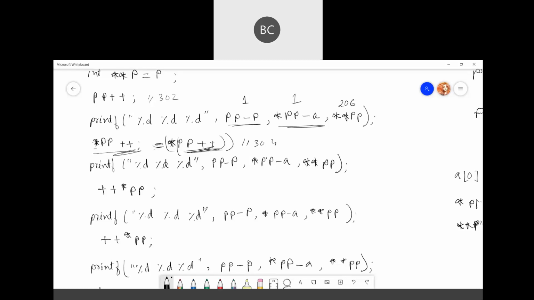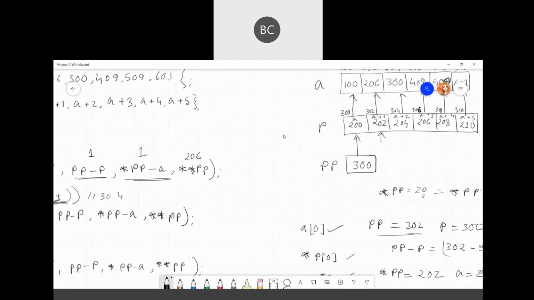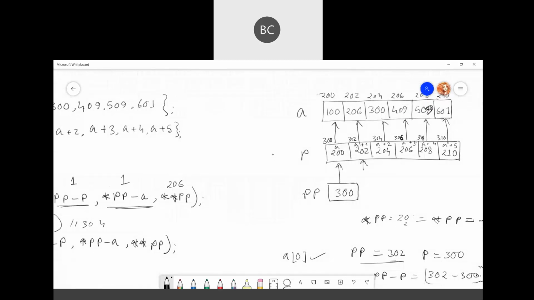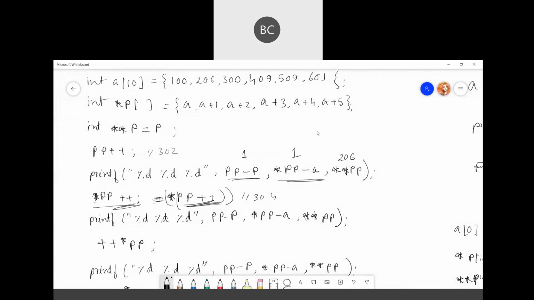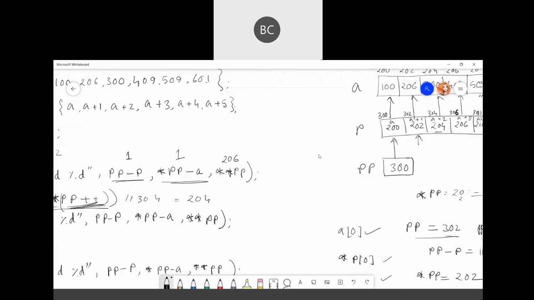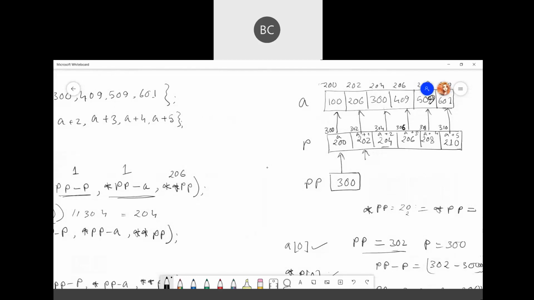Now we want the pointer, meaning the value at 304. So it is 204, right? So this whole line will give you the value 204. Okay, it is giving us 204 from here.